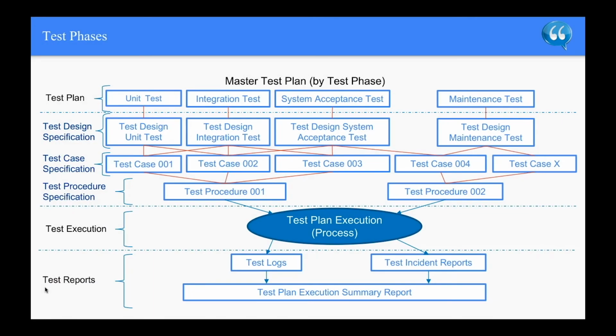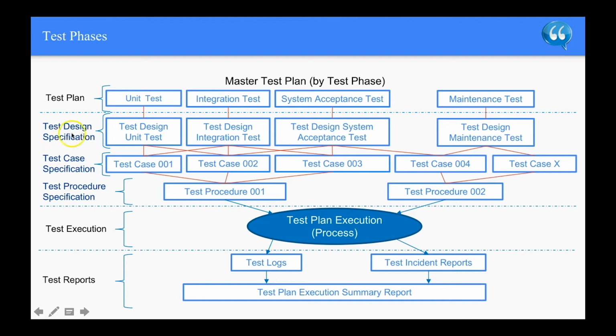Here is a graphical representation of the test phases. At the higher level, the master test plan. At the test plan level, you'll be documenting the unit test, the integration test, the system acceptance test, and the maintenance test. And then following down, the three topics we're going to be talking about mostly in this section are the test design specification, the test case specification, and the test procedure.